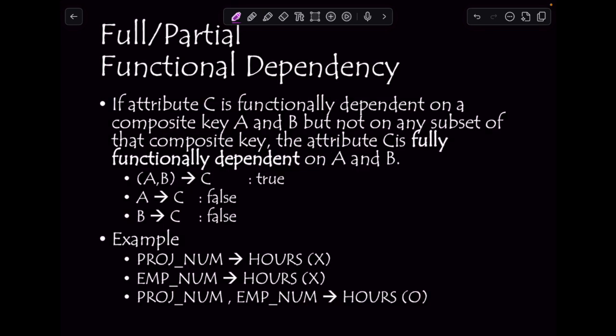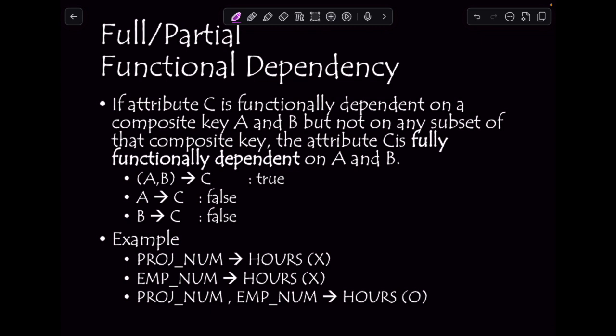So the determinant attribute functionally determines the dependent attribute, and in this case project number functionally determines project name. Also in the previous example, I explained the hours each employee worked for each project. You cannot just use employee number, but you have to combine employee number and project number together. So in that case, actually we can explain full or partial functional dependencies. So let me talk about this using the examples of project number and employee number.